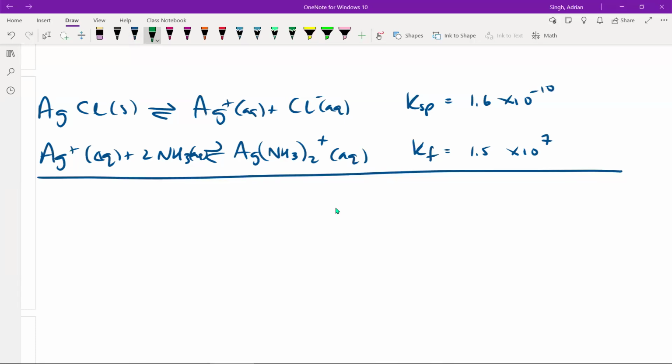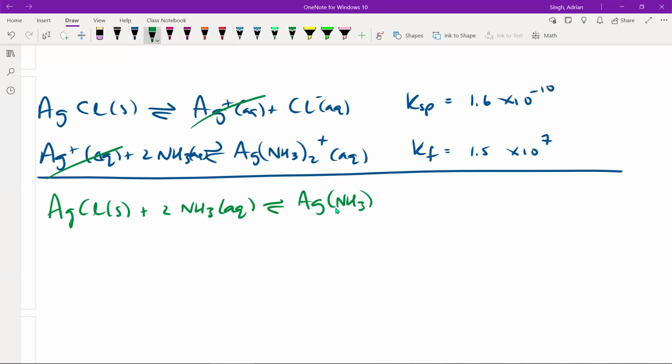The Ag+ is going to cancel because it's on both sides of the equation. We're left with AgCl solid plus 2NH3 (aq) reacting to produce the Ag(NH3)2+ complex ion, and also the chloride, Cl-.